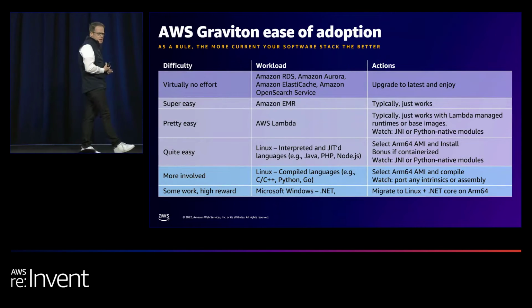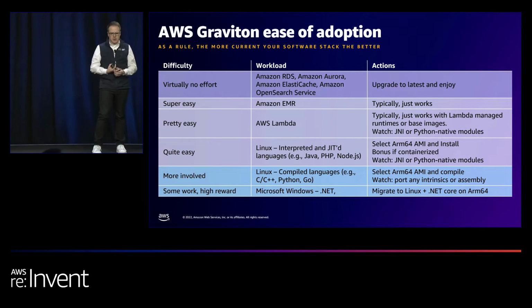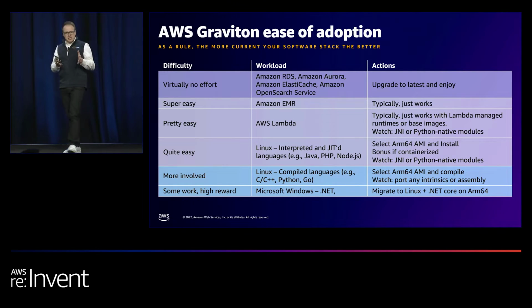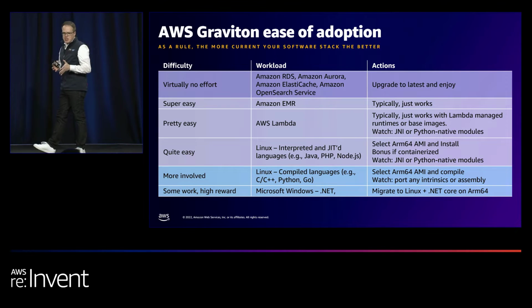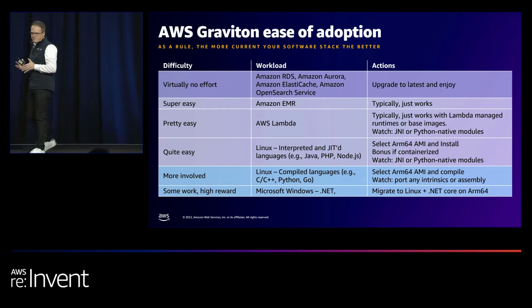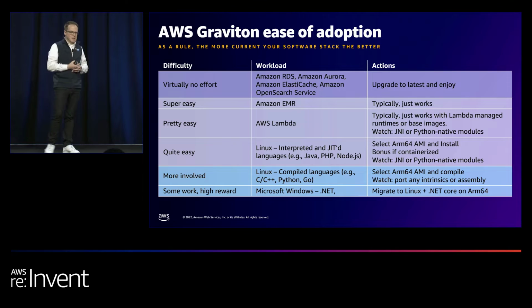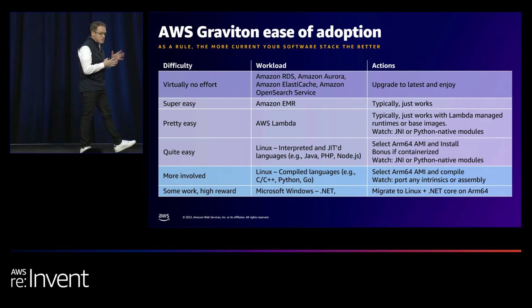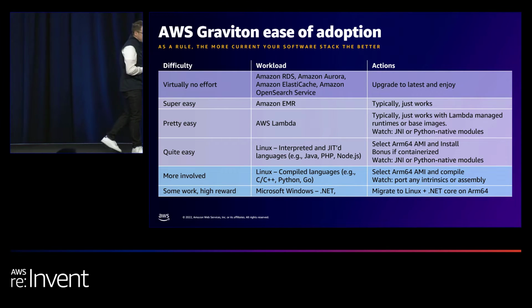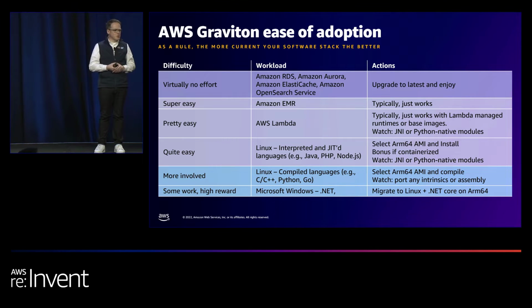So let's get into the meat, I guess, of the conversation, which is around what does it actually take to move an application to ARM, essentially, right? And as you can imagine, there are all different types of applications out there, and the complexity is different depending on what you're thinking about, right?